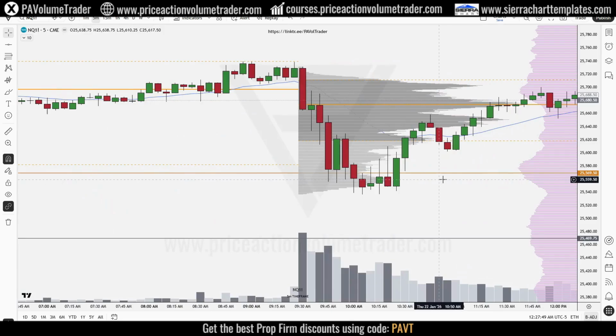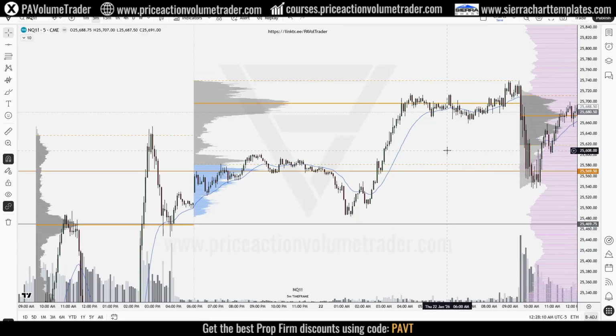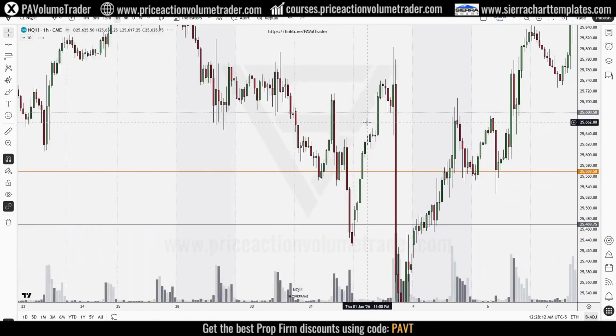Especially during the first hour and a half of the session, from 9:30 until 11, that's when the London markets and Europe overlap with New York. So that's when we get the maximum amount of volume that we're going to have for the day as well.